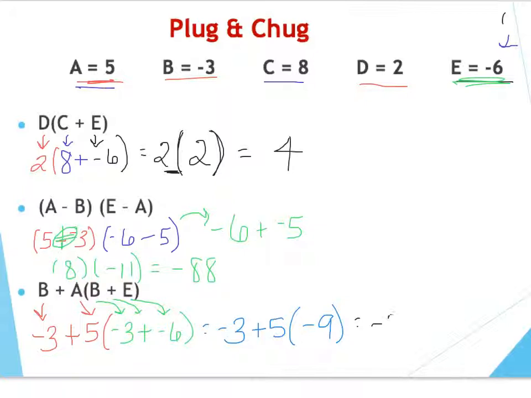So it's going to be -3 plus 5 times -9 is -45. And then my last step is to add -3 plus -45, which is going to be -48. Be sure you check and correct each of these before moving on.